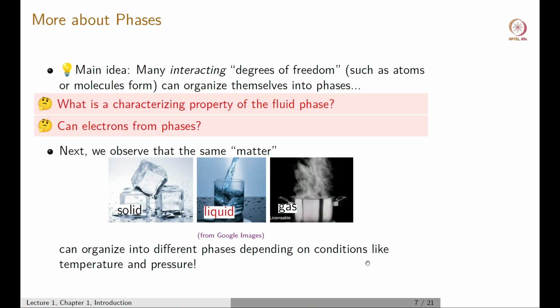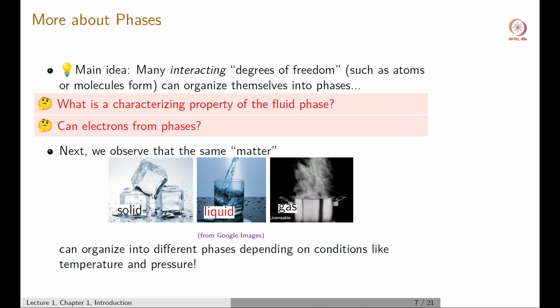Okay, we move on. Let's go back to atoms, and now we realize that the same atoms or molecules can form distinct phases. For example, we all know very well that if I take water molecules at very low temperature, say less than 0 degrees centigrade at atmospheric pressure, they will form a solid which we call ice.